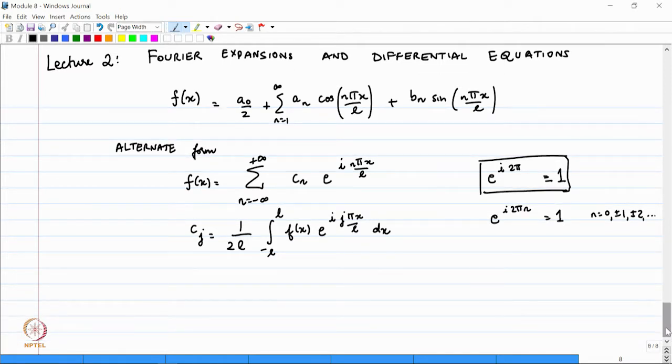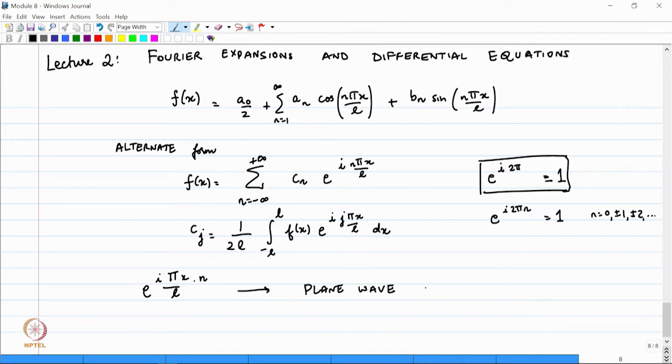In fact in quantum mechanics, this function e to the I pi x by L times n is referred to as a plane wave.